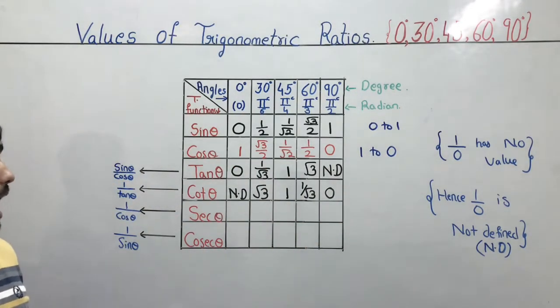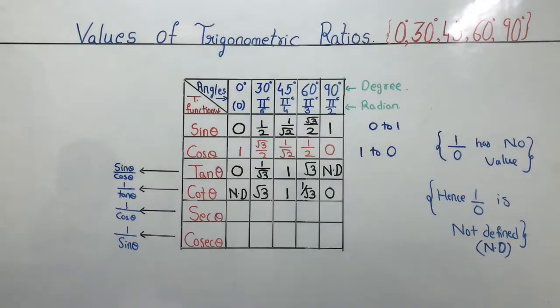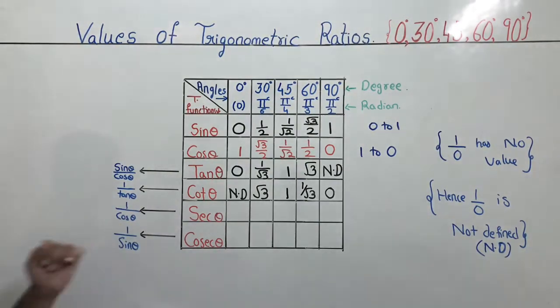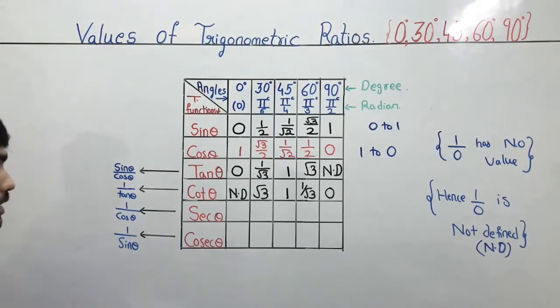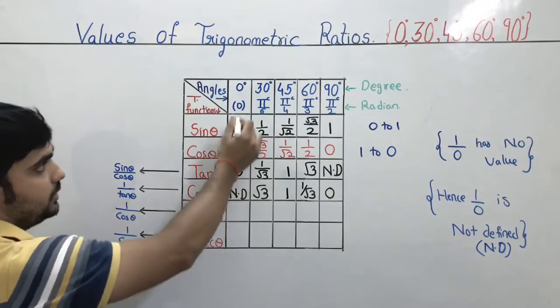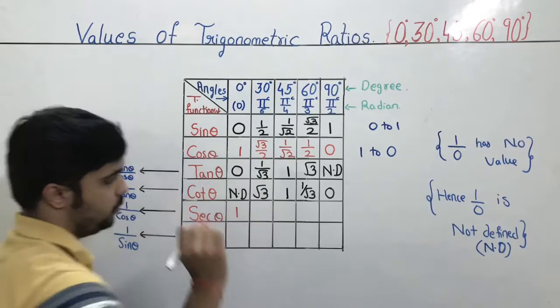Our next trigonometric function is sec theta. As we all know, sec theta is the reciprocal of cos theta, and we know all the cos values, so from these we can get the sec values. Sec 0 will be 1 upon cos 0, that is 1 upon 1, so it will be 1.